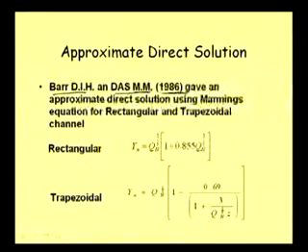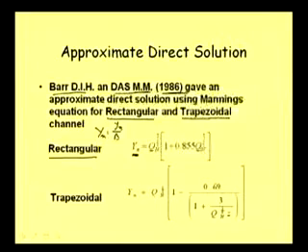Well, so this solution goes like this. They gave the solution for two cases, one is rectangular and one is trapezoidal channel. For the rectangular solution, this yn is nothing but the non-dimensional depth, yn by b, that is, the actual uniform flow depth divided by the bed width of the channel.